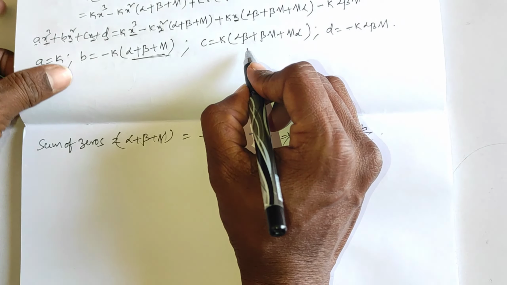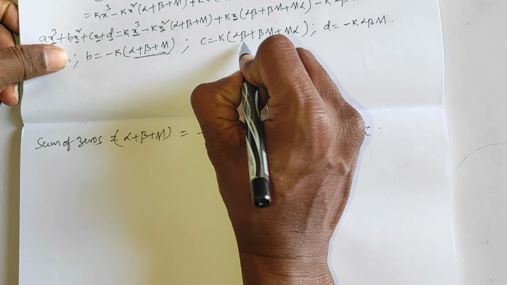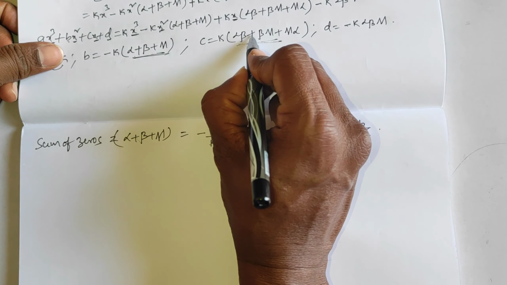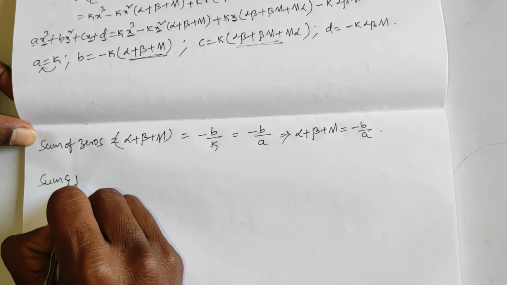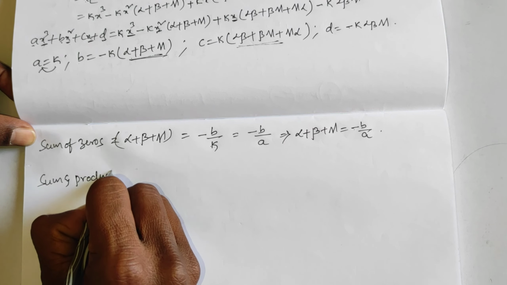Then next, what is this? This is the sum and product at a time.